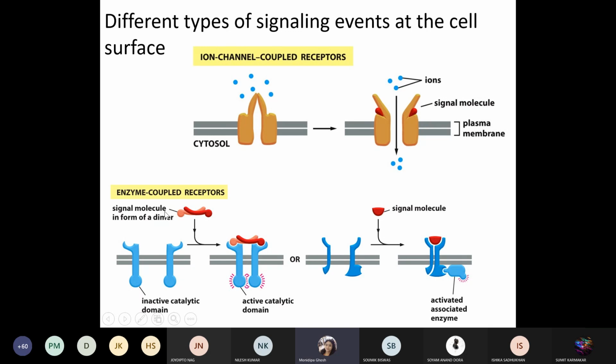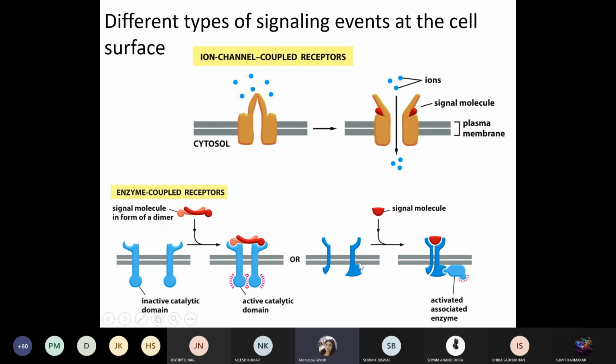Whenever the signal molecule forms a dimer, in normal condition these two molecules are dissociated and in monomeric form. When dimerization happens, they sit over the receptor molecule like this, and the active catalytic domain is activated by the trigger, and looks like this.